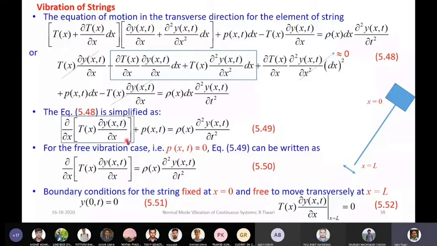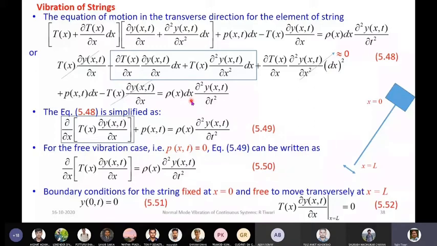So this cancelled, this we have written in this form. This is negligible, and for the external force, dx is common, so that can be taken out from the equation of motion. And the right side is this inertia force. dx is common, so this has been removed from here.